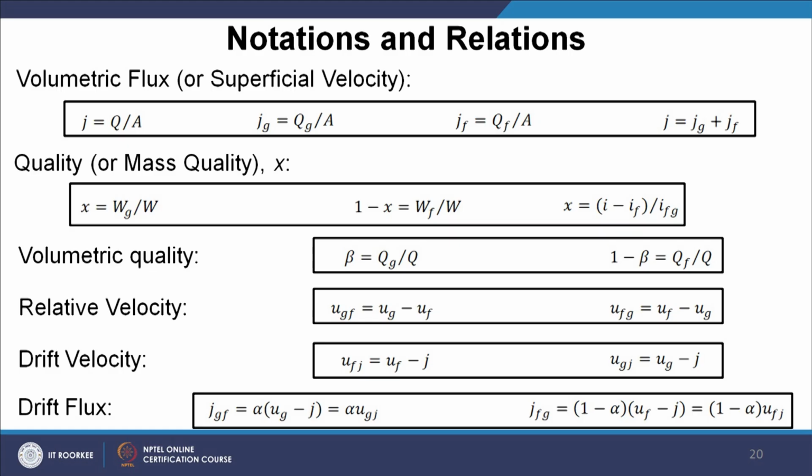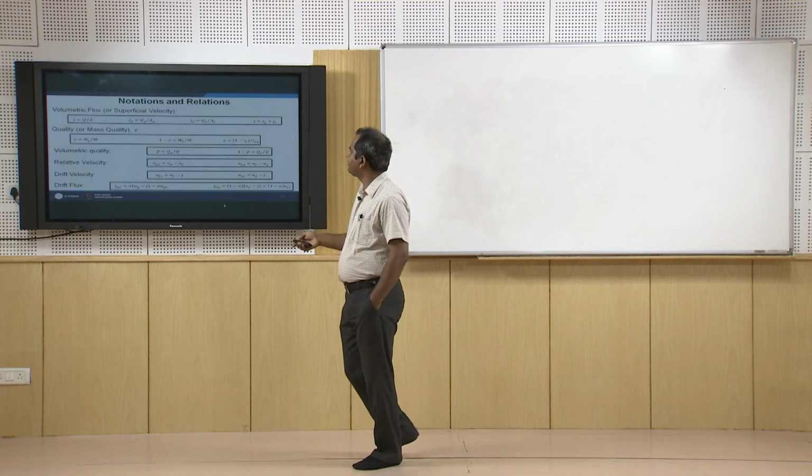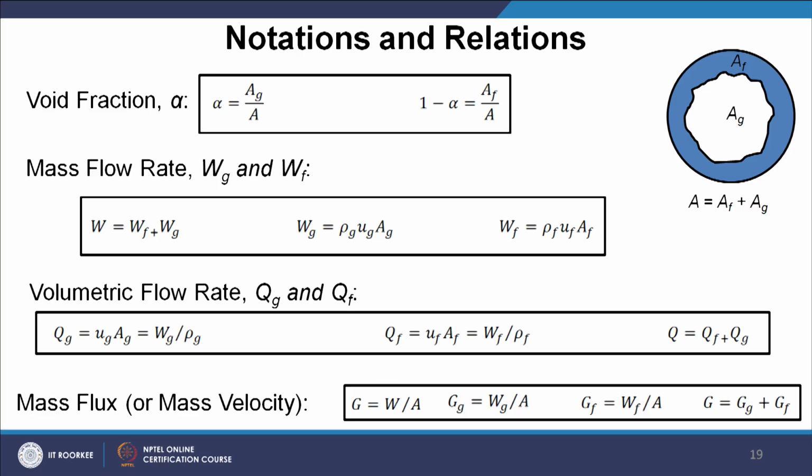For the gaseous phase, Jg will be equal to Qg by A, the corresponding counterpart, and for the liquid phase we can write Jf equals Qf by A. Now, if you add these two, along with the previous slide's equations, A equals Af plus Ag and Q equals Qf plus Qg, you can find J becomes Jg plus Jf, right.